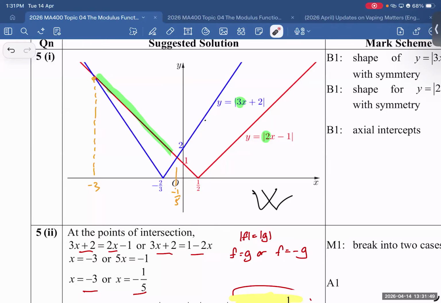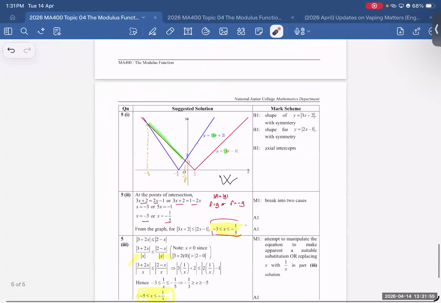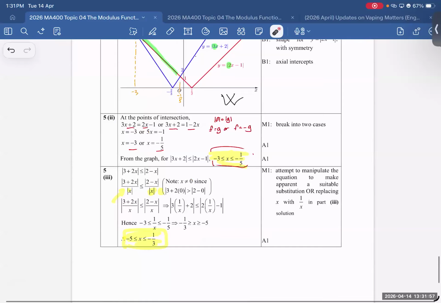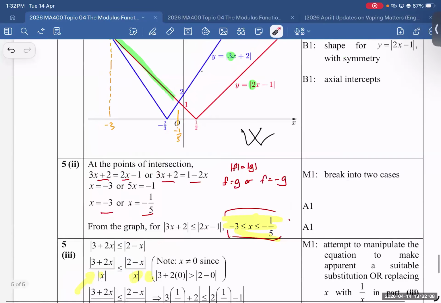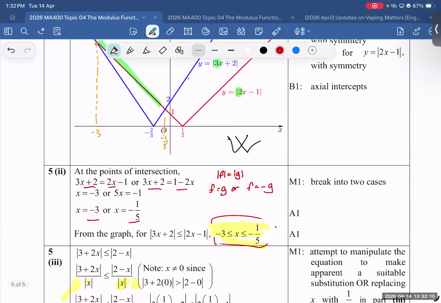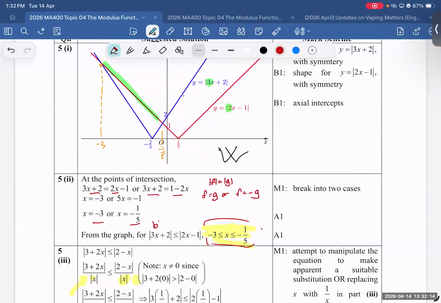So for 5 part 2, if you look at the question, you want to solve this less than this. What are the regions of x for which modulus 3x plus 2 is less than 2x minus 1? Now, 3x plus 2 is the one in blue. 2x minus 1 is the one in red.